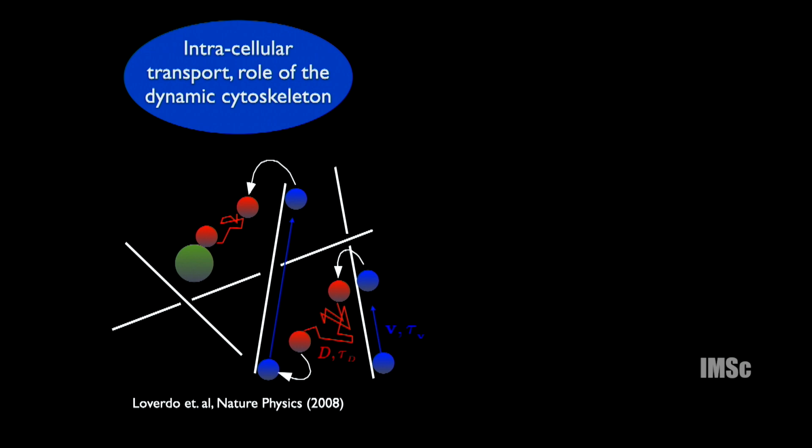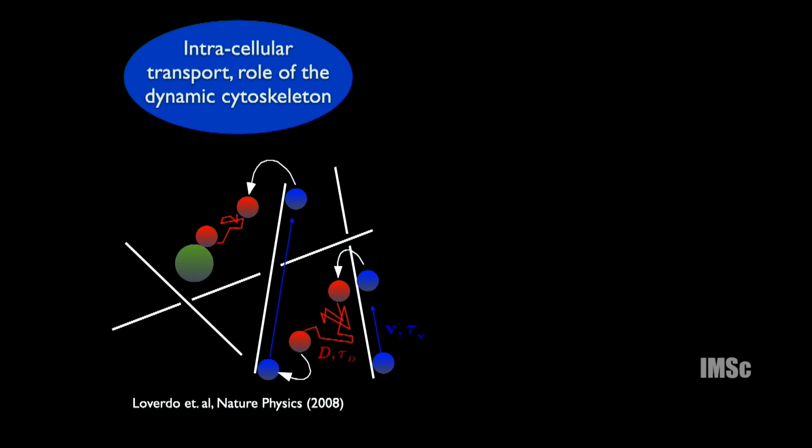So moving with a constant speed helps you traverse large distances, but diffusion helps you find the right direction because you are constantly changing direction. And if you were only diffusing, then you have not moved much because you are far away from the target. So it is the combination of these two that reduces the time and makes an optimal search strategy, for whatever experimental scenarios you look at.